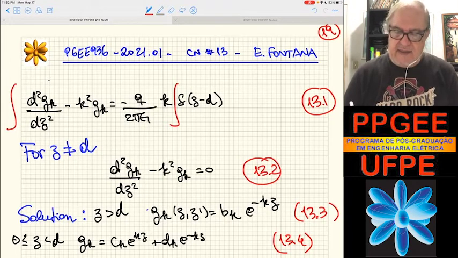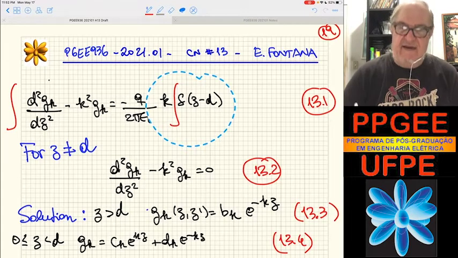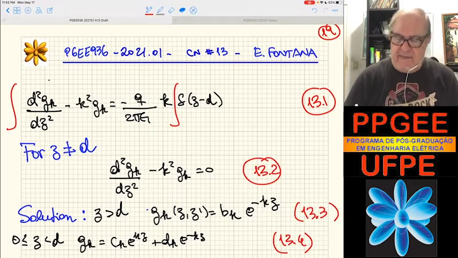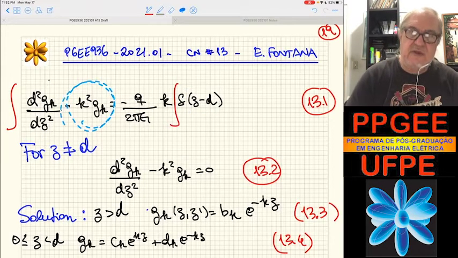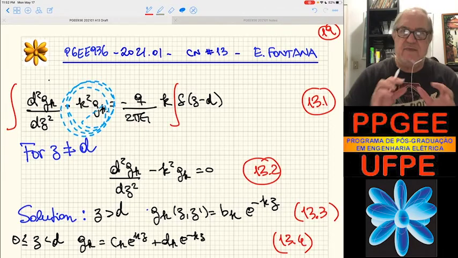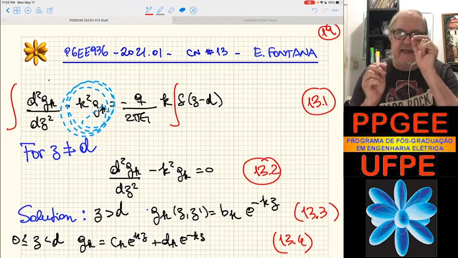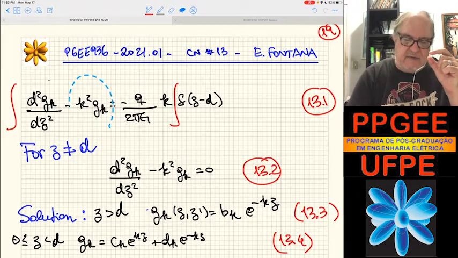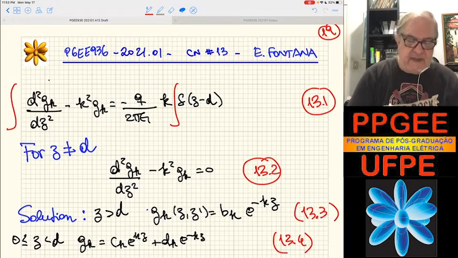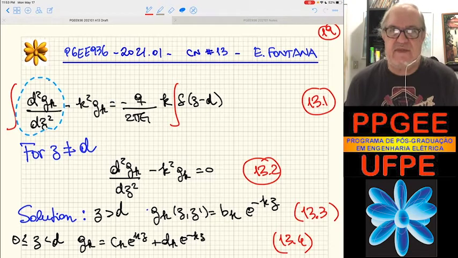When we integrate, it's going to pick up a value at z equals d. And this term here is not going to contribute, because the integration region is very small; this term contributes 0, but this one gives a discontinuity in the normal derivative.